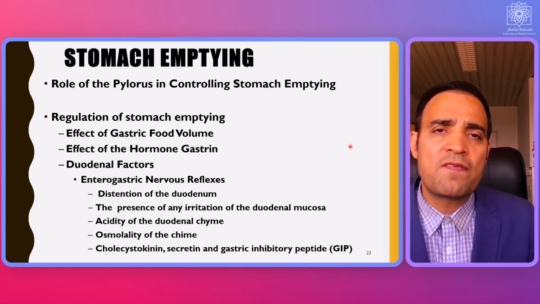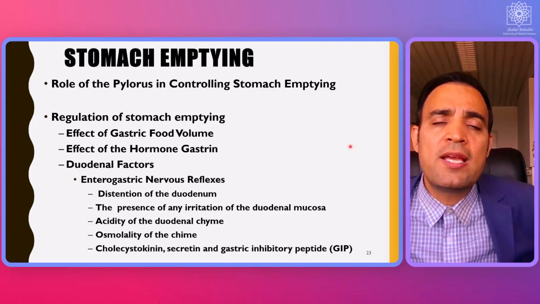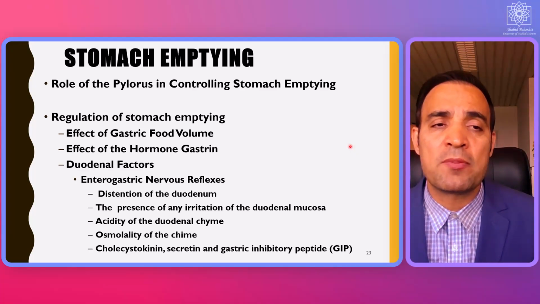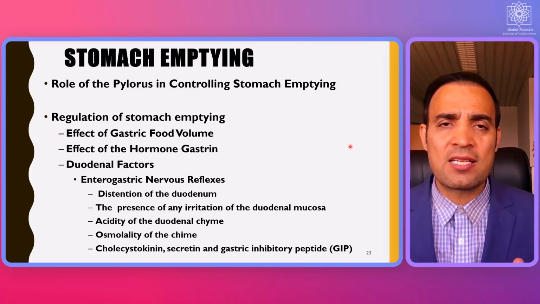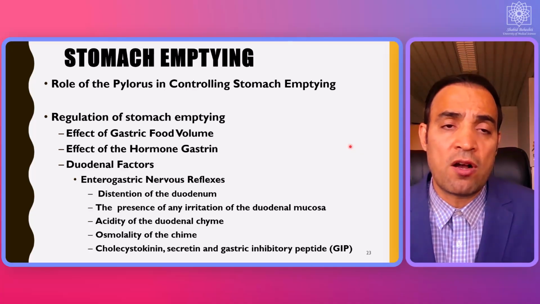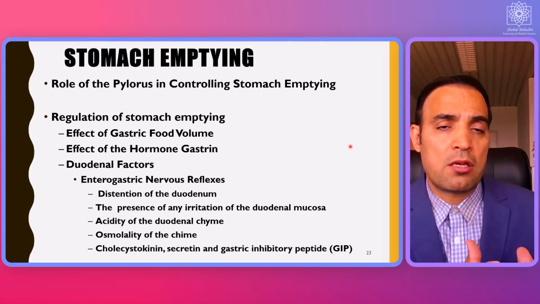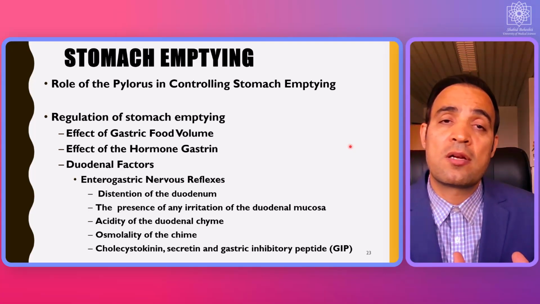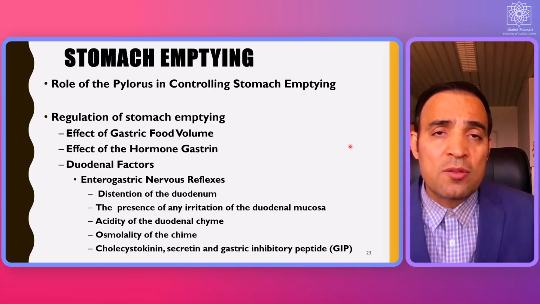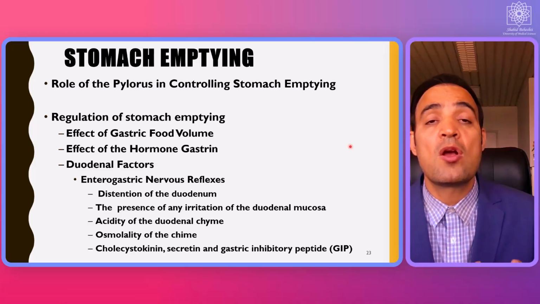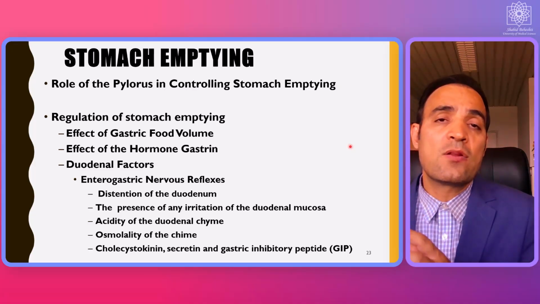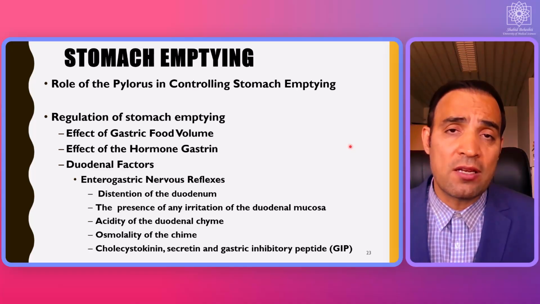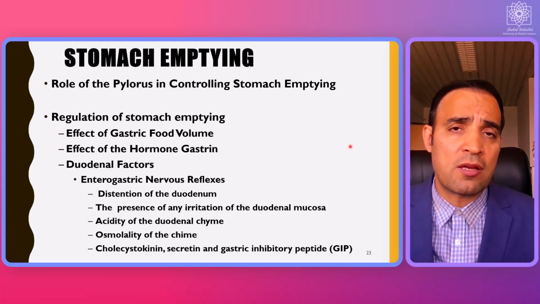What are the factors that regulate the stomach movement and control stomach emptying? I can say that several factors are involved, including the gastric regulatory mechanism itself, the hormones, and also the enteric nervous system, and even autonomic nervous system.